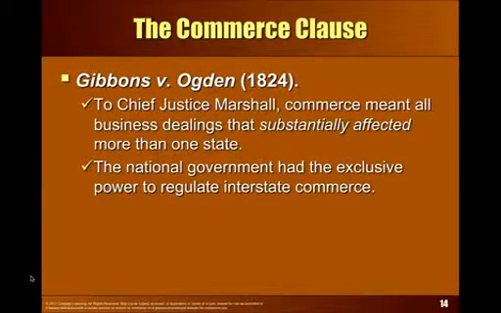That means even if it originates in just one state, if the court can establish that it substantially affects other states, that's good enough. And the national government has the exclusive power. So regulate most everything and only we can regulate it. That's a pretty strict interpretation.